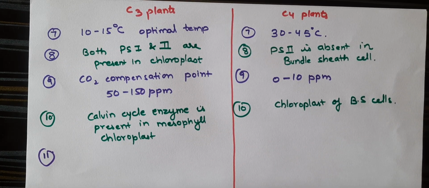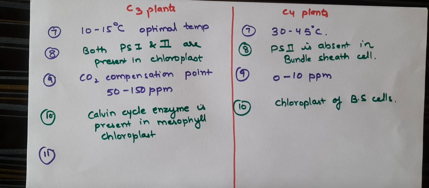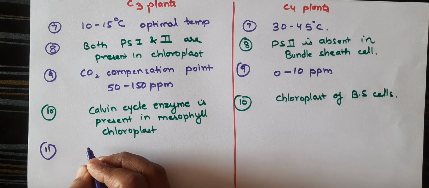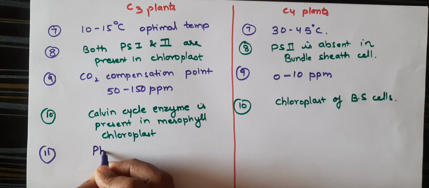The next difference between C3 and C4 plant, the 11th difference, is that photorespiration is present in C3 plant.